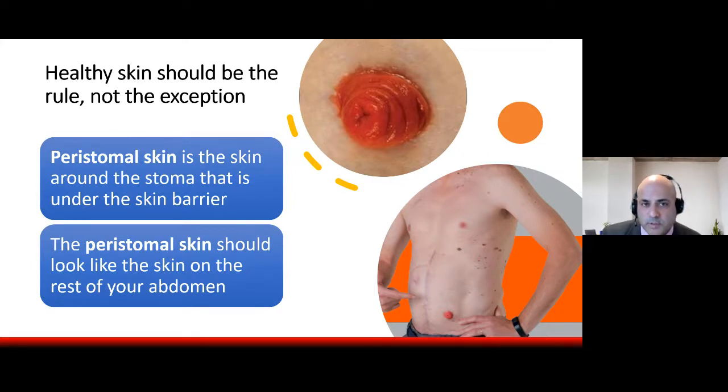In the picture on the top, you can see the ostomy with the peristomal skin being completely intact. In other words, it looks like the skin on the other side of the abdomen where the gentleman is pointing to. Because if there's any redness or irritation, that is considered abnormal and should be dealt with, because if there's skin irritation or skin breakdown, it may tend to get worse.